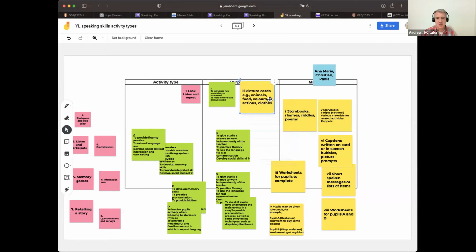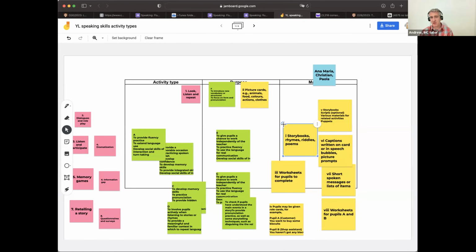Yes, that makes sense, doesn't it? Very good, yes. So it would be picture cards. Okay, so there we've got a set. Now I'd like you to do the same with the other 7 activities. Try to find the purpose of the activity and some materials that go with it.